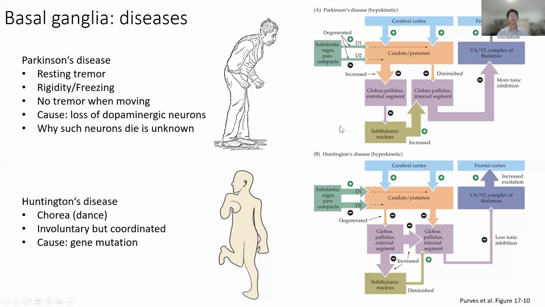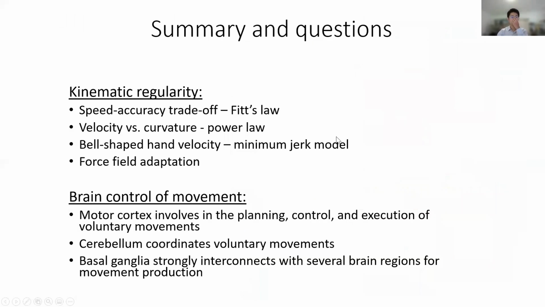So for today's lecture, I would like to summarize some key points. We first looked at the kinematic regularity. We started with Fitts' law, which considers the velocity and target accuracy trade-off, and we talked about the power law when the subject is scribbling or drawing a circle.